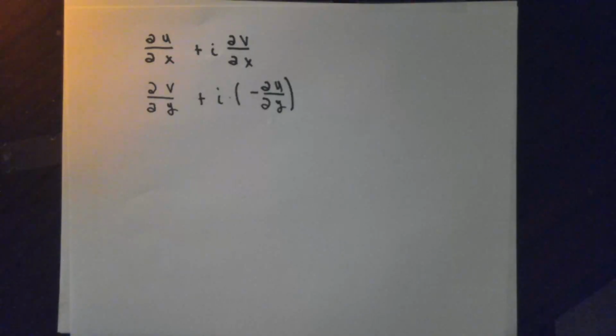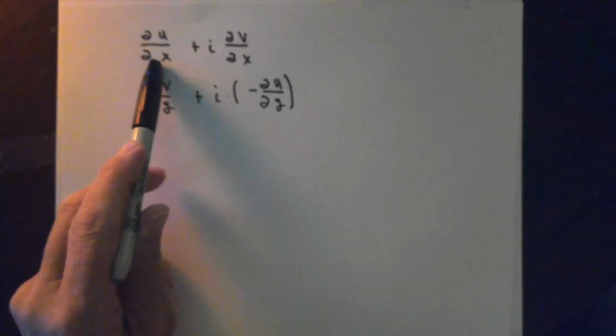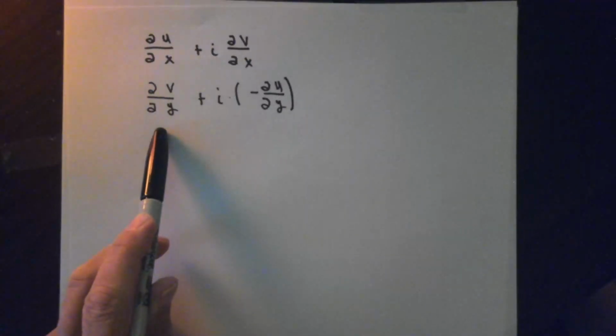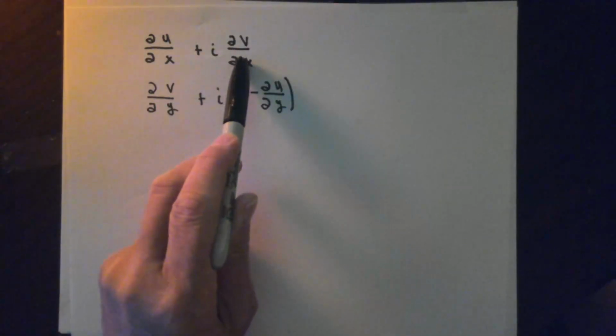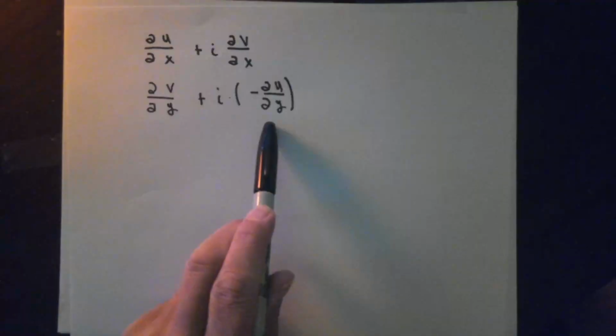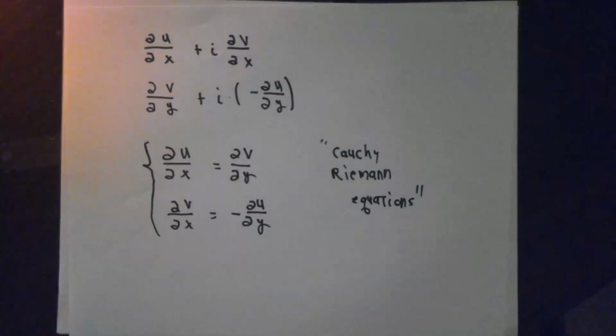For these two numbers to be equal, you have to have that the partial derivative of u with respect to x must equal partial of v with respect to y, and not only that, partial of v with respect to x must equal the negative of partial of u with respect to y. The resulting pair of partial differential equations are called the Cauchy-Riemann equations.